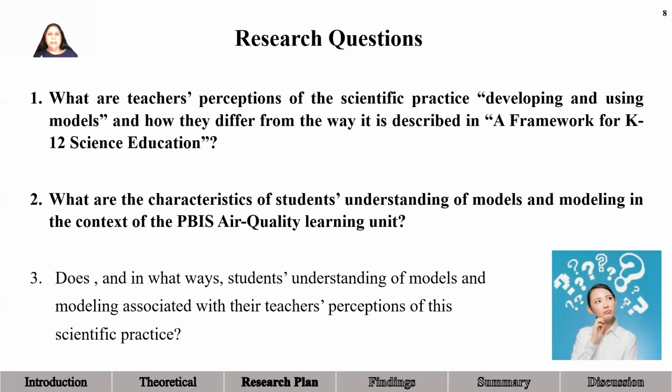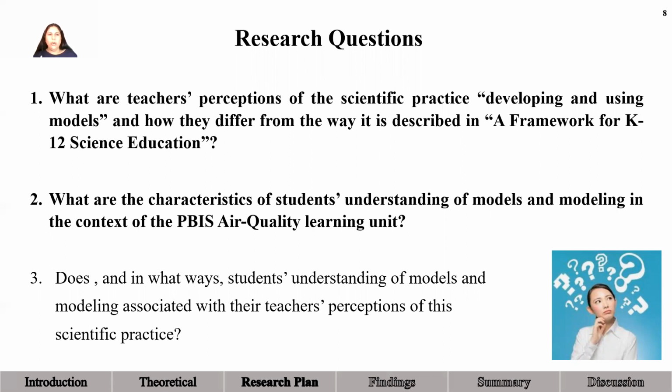Now I am presenting my research questions. In the presentation today, I will focus on my research question 1 and some results from research question 2. Research question 1: What are teachers' perceptions of the scientific practice of developing and using models, and how do they differ from the way it is described in A Framework for K-12 Science Education?